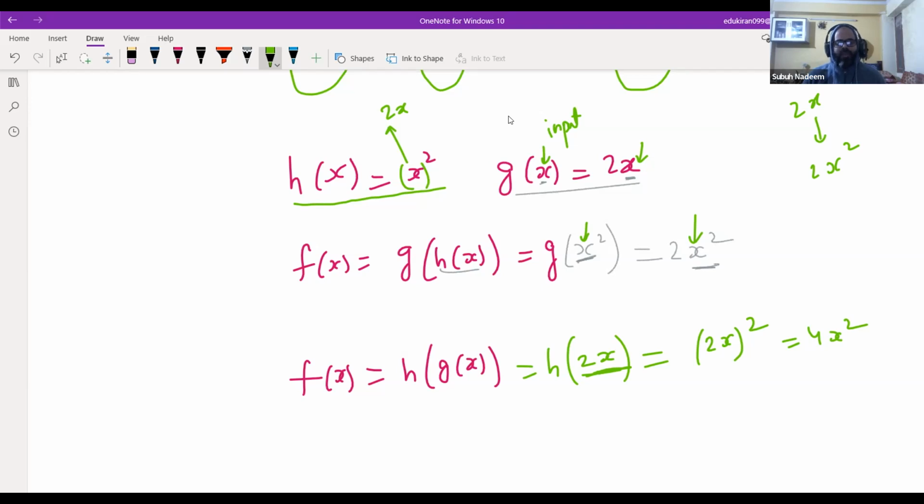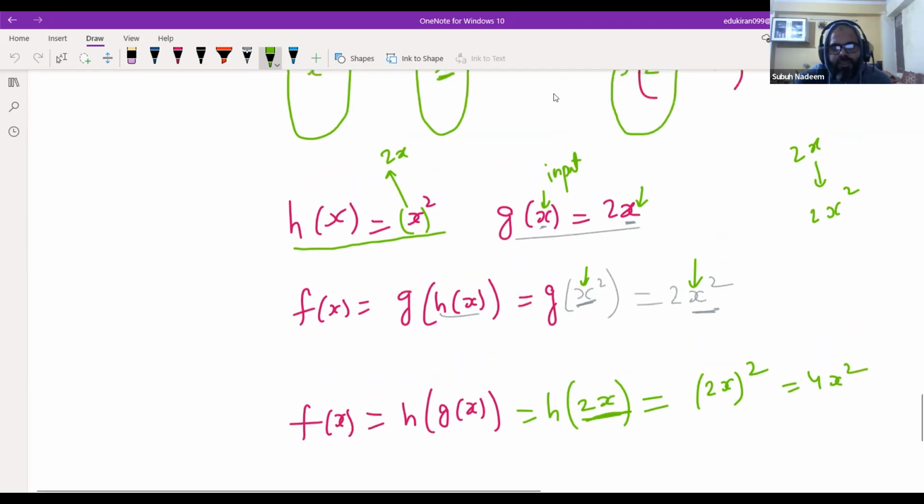I will give you another example also if you don't get this, but try to understand it. Yeah, I think I kind of understood. Okay.